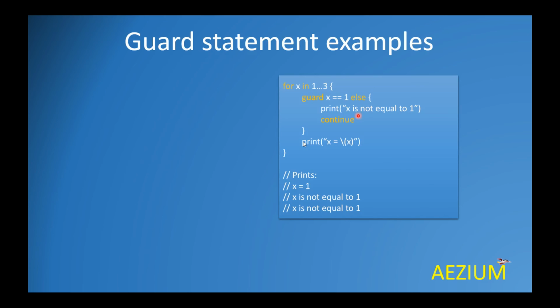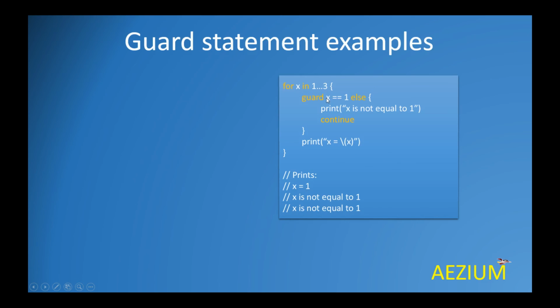Otherwise, the code inside the else clause will be executed. In this case, we start with x equal to 1. So the first time around that we go inside the loop, the condition of the guard statement is true. So we execute this statement. As a result, we get x equal to 1.